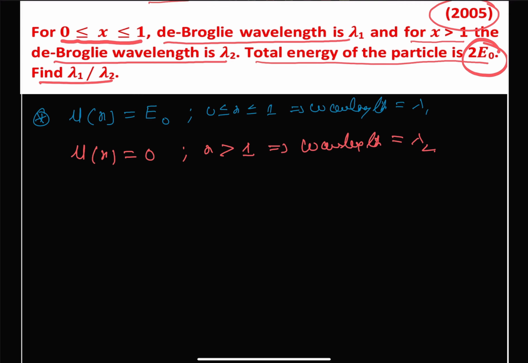We can write that total energy E is equal to kinetic energy plus potential energy.